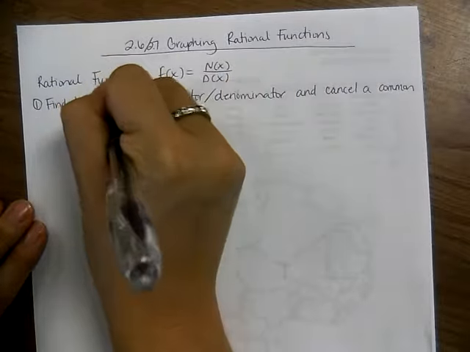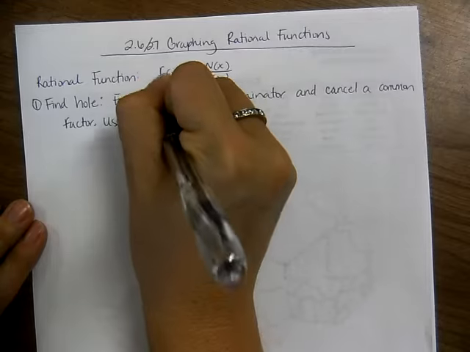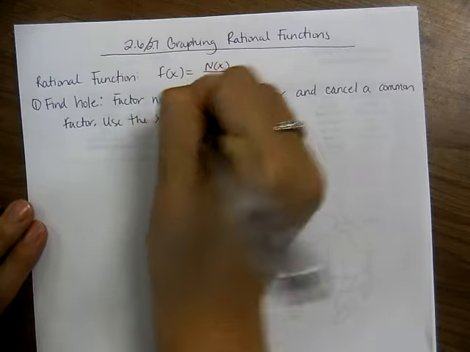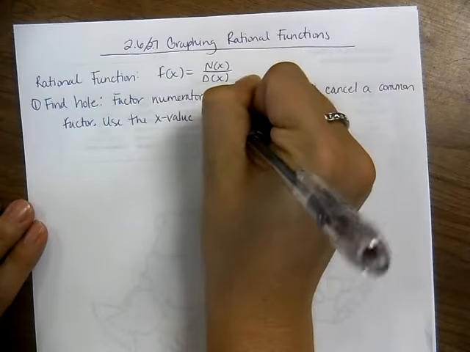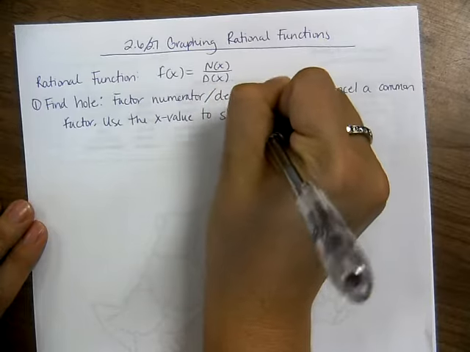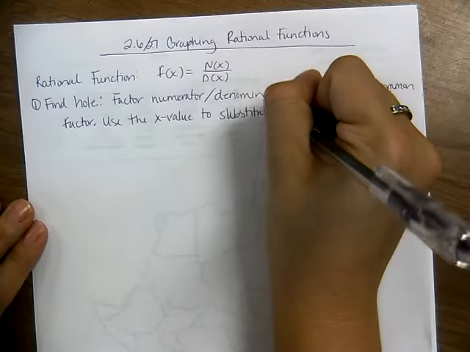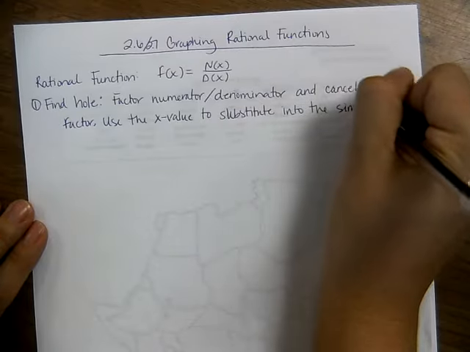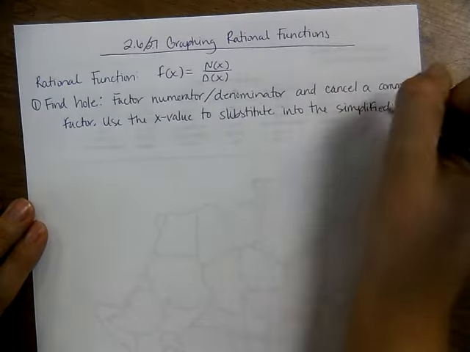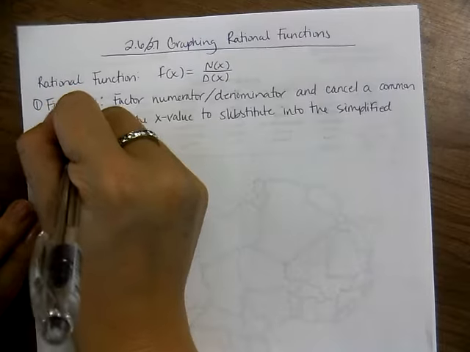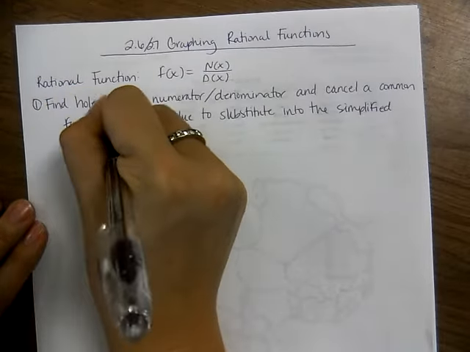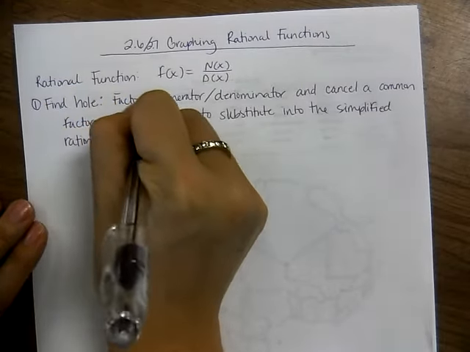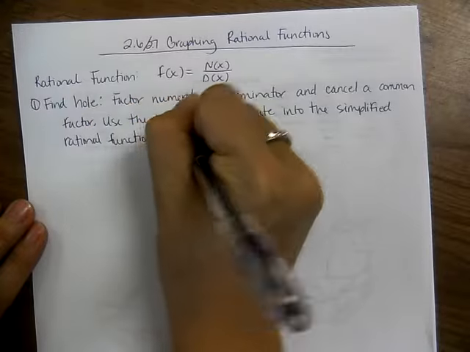And so to find it, you're going to use the x value to substitute into the simplified rational function and find y.